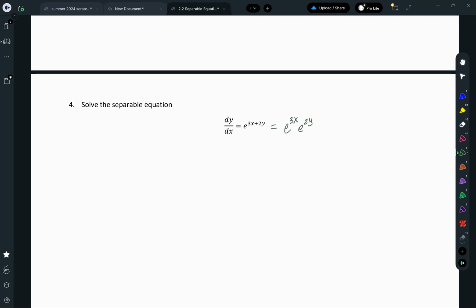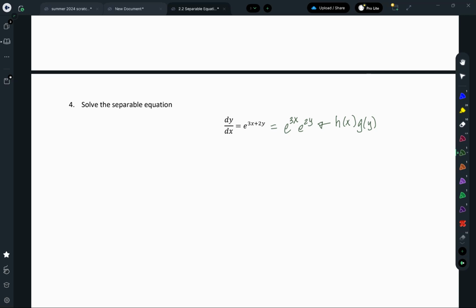Remember that if you have the same base, you would add your exponents together. So working from the right to the left, if I was to add the exponents together, I would get what the original differential equation was. So this works. And so this looks like here we have a function of x, h of x, times a function of y. So we should be able to go ahead and separate.